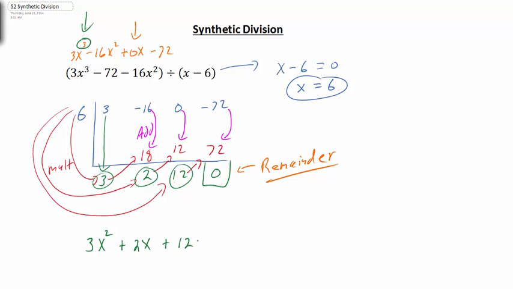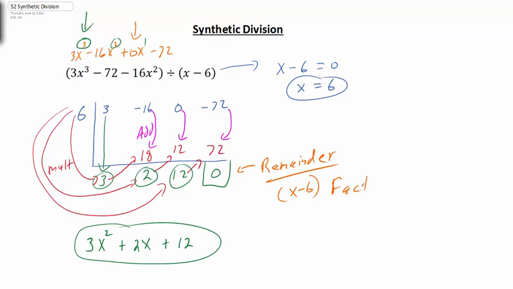So basically you take your exponents, where we had x cubed, x squared, x to the first, and those are going to decrease by 1, so that we now have 3x squared plus 2x plus 12, and this is our answer. And once again, because we had the remainder of 0, that tells us that x minus 6 is a factor. And that's the same thing that we came up with when we performed the long division process on this same problem.